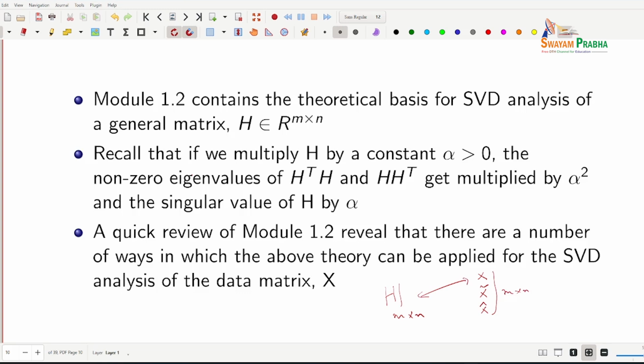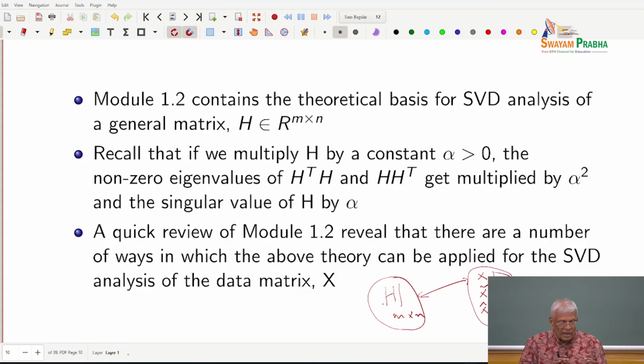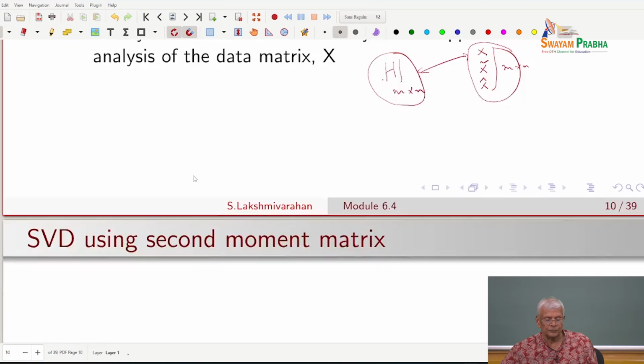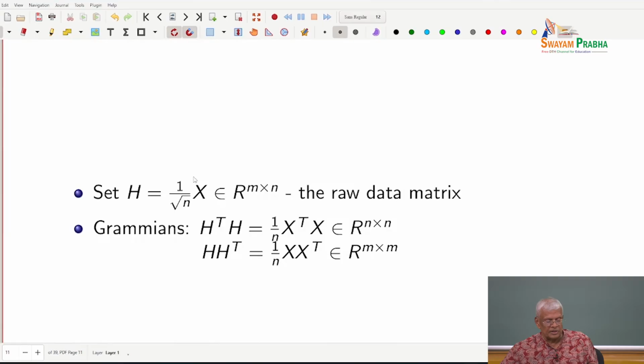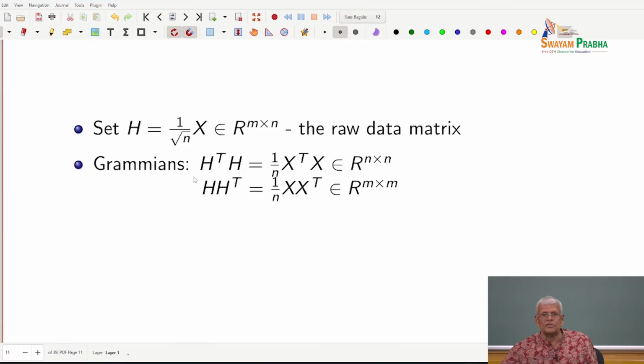So, except for the name change, H to X tilde, H to X hat, H to X, a matrix is a matrix. So, the entire theory of SVD as we have developed for H can be applied to the analysis of either X or X tilde or X hat. That is the generic nature of the analysis.